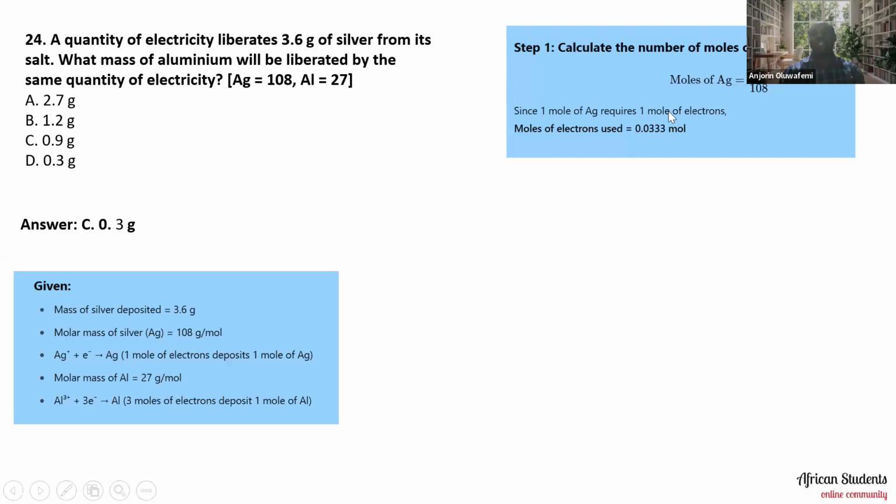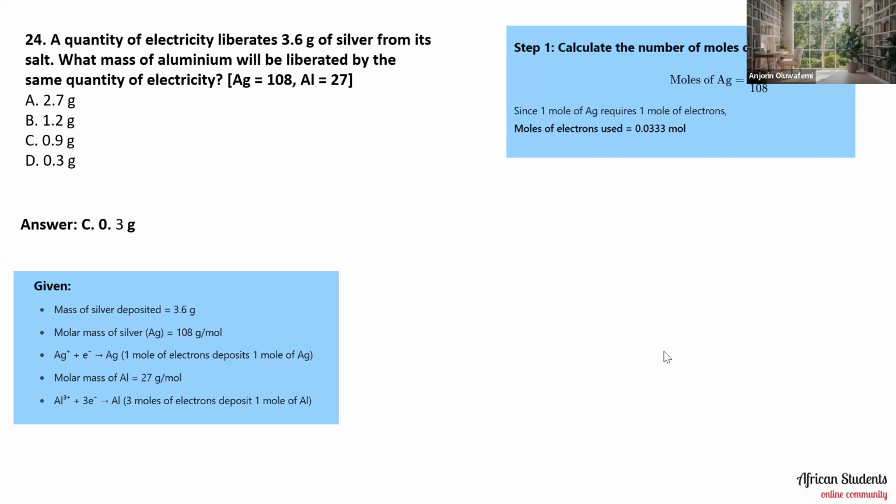Now, having arrived at that, to calculate the number of moles of silver deposited, it will be the mass of the silver deposited divided by the molar mass. So that will give us 0.0333 moles. Now, since 1 mole of silver requires 1 mole of electrons, the moles of electrons used is also 0.033 moles. Okay. All right.